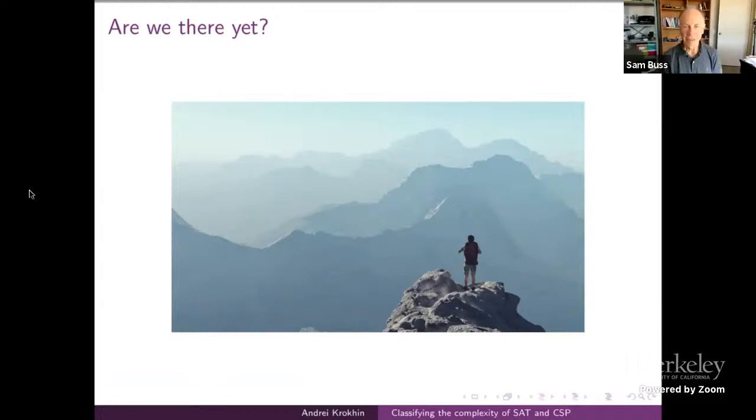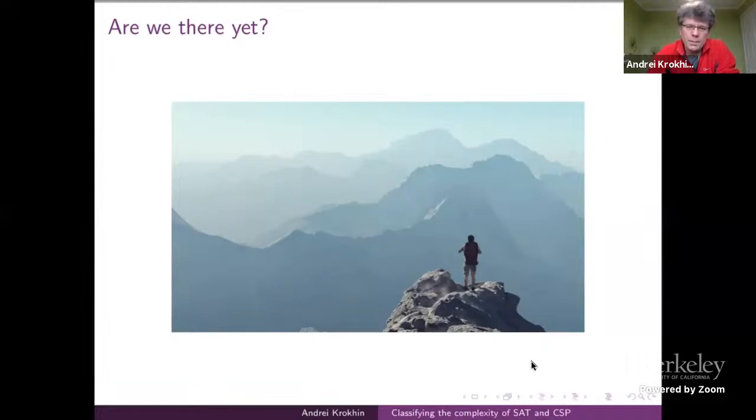Any other questions? Yes, there's a question in the window from Antonina. Do you think there's a dichotomy between CSPs in P and NL, like in Schaefer's theorem? That's a good question. Yeah, thank you. Actually, this is something that's not completely resolved about CSPs. Even a characterization in NL, there are some negative results and some positive results, and there is a tiny gap between them for NL, which is still not closed.